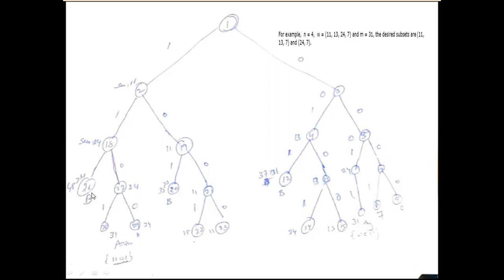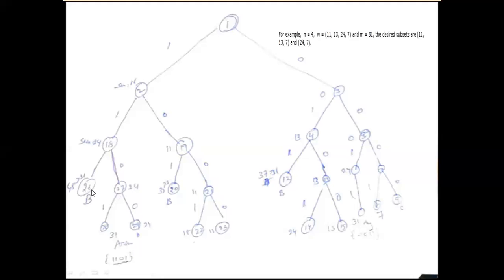So this node cannot generate its children because it does not satisfy the criteria function. If the sum of the first three elements were less than 31, you would generate the children of the 26th node.